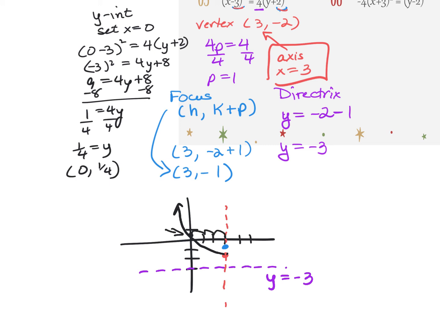So 1, 2, 3. I could put another point over here to get the other side of the parabola. And there is your graph. So the parabola will surround the focus, which is the blue point, and then the directrix is always the line behind it. Let's try the next one.